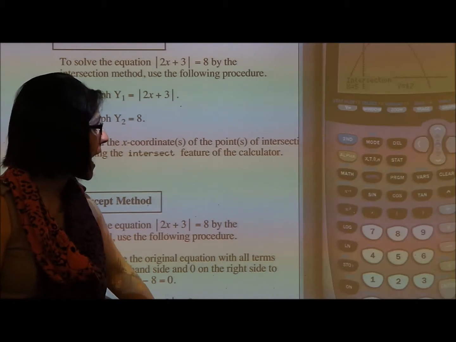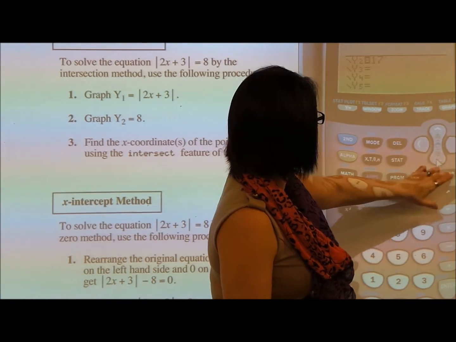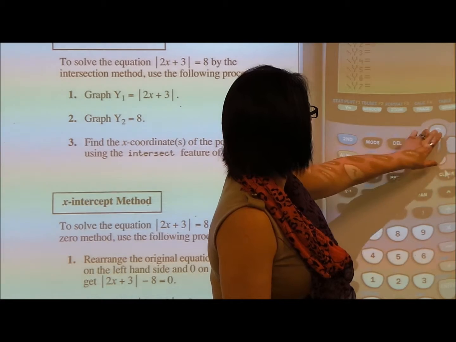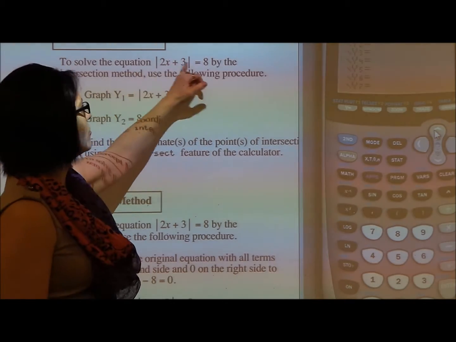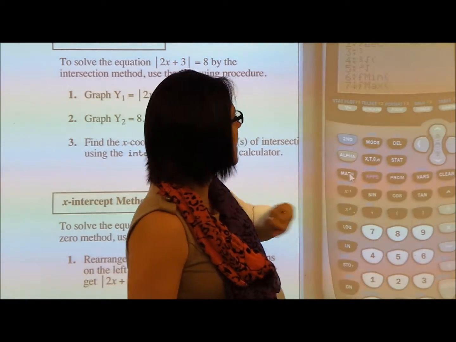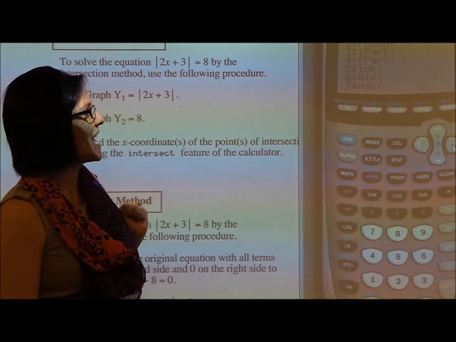So if I was to graph this, clear out any equations that you have in your y1 and your y2. To get the absolute value notation, we press math and we go over to number and it's ABS.